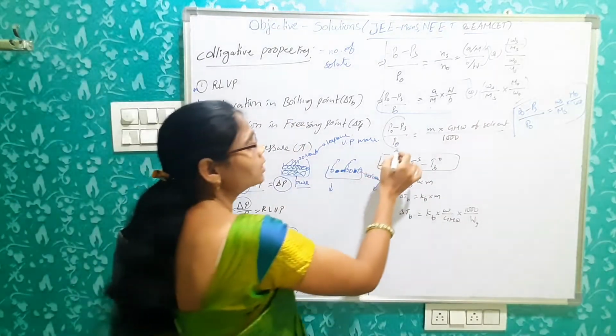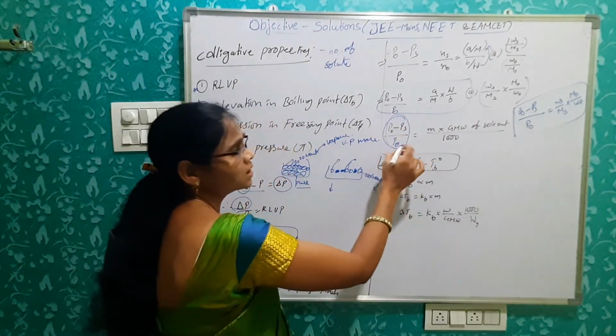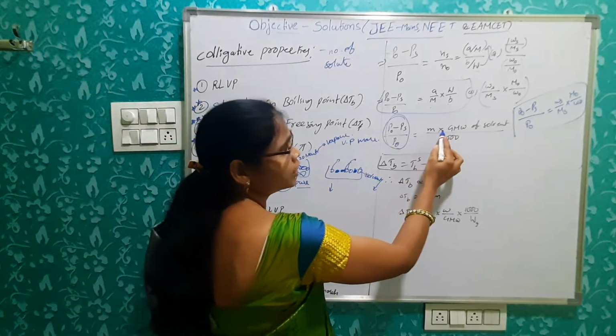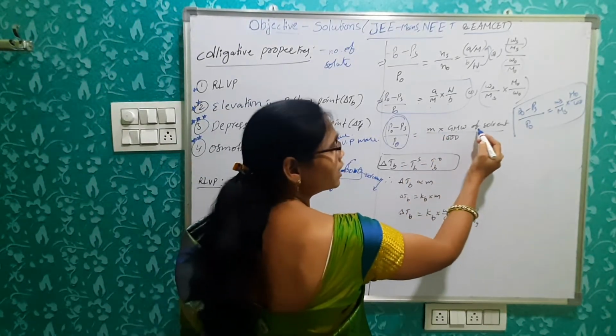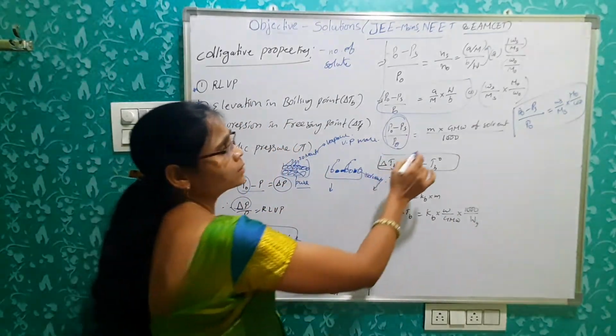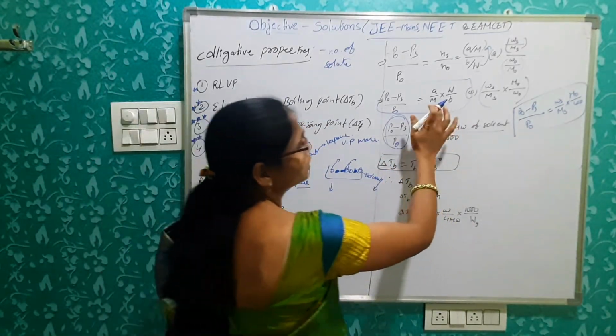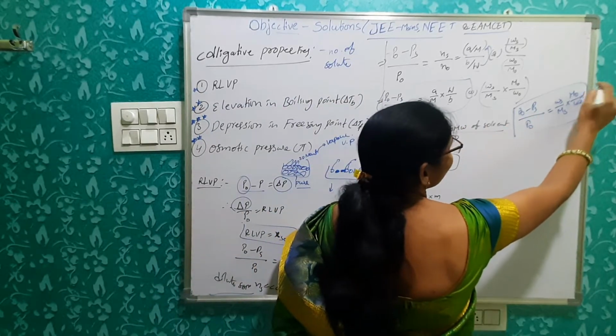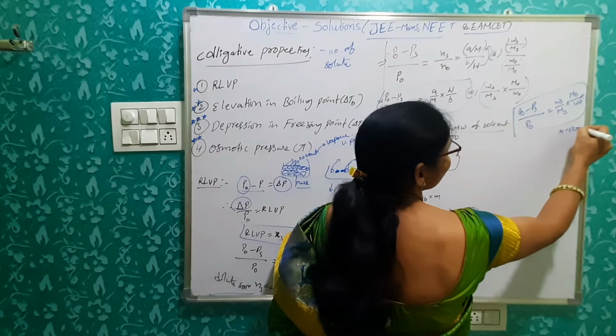Now, relative lowering of vapor pressure is related to the molality of the solution: molality into gram molecular weight of solvent by 1000. How do we get this formula? Simply, in this formula you can write 1000 by 1000.